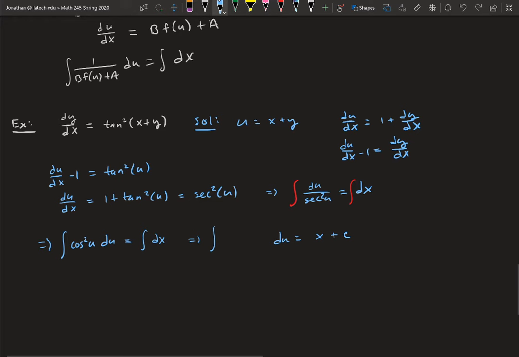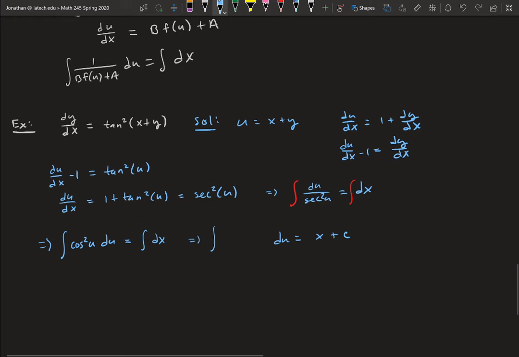What do we do? Somebody type a trig identity that I need to use. What is the trig identity we need to use to integrate cosine squared? The double angle formula.